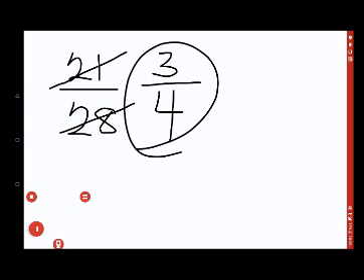Now, in doing such calculations, we employ the acronym BODMAS, where the B means brackets, O means of, D means division, the M means multiplication, A means addition, and then S means subtraction.